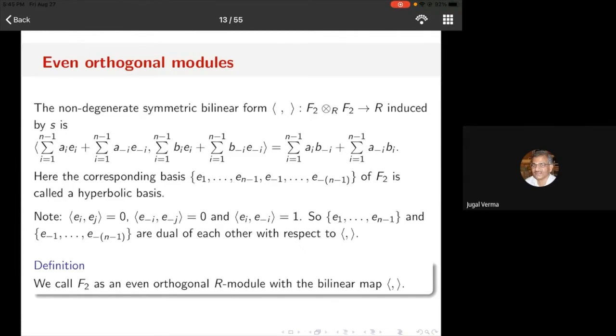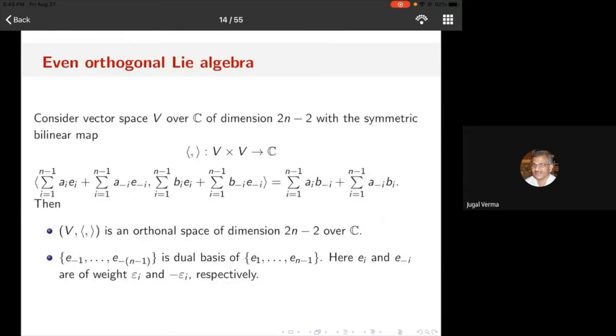So now there is a concept of an orthogonal space for a vector space. Suppose V is a vector space over C of dimension 2n minus 2, and there is a symmetric bilinear map from V cross V to C, defined in this way.